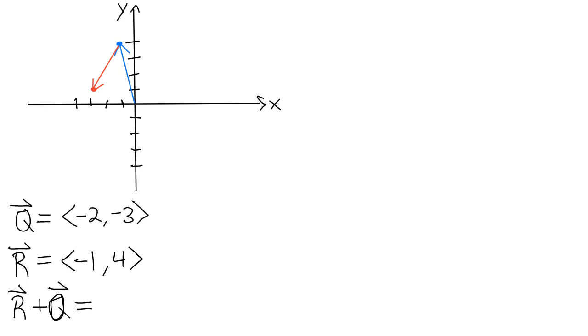Does that make sense? So Q should go down 2 and to the left 3 from where it was. I'm sorry, left 2 and down 3.